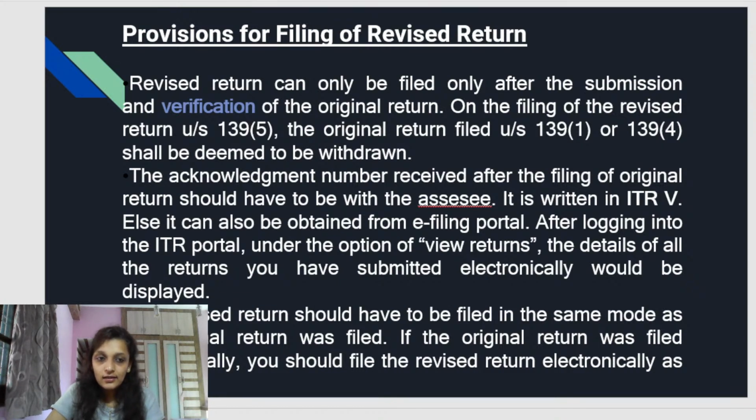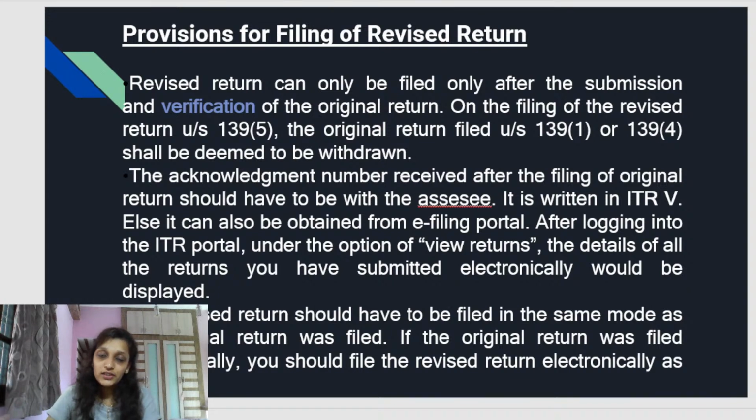If you want to file online, at that moment you need to just click everything and file everything, and your return will be revised. But offline means you need to upload a JSON file or XML file.